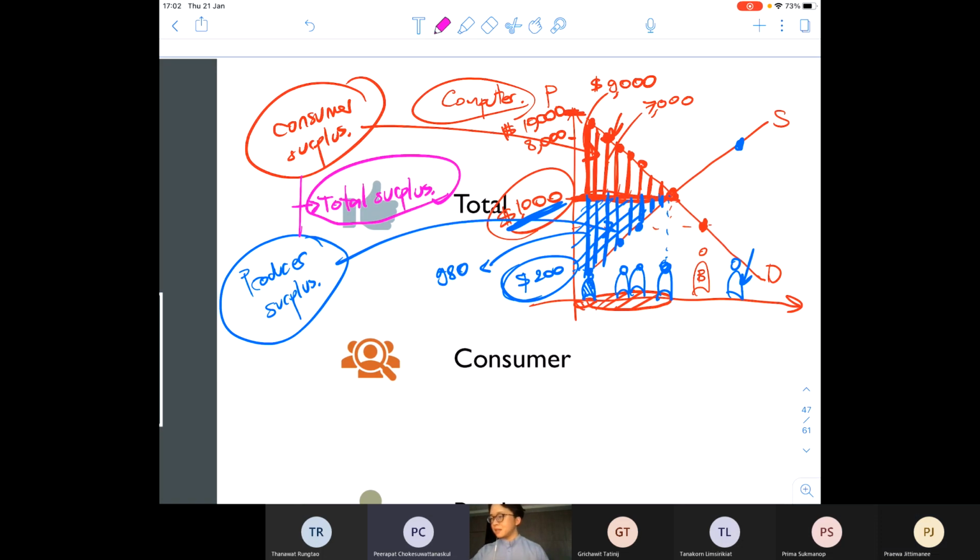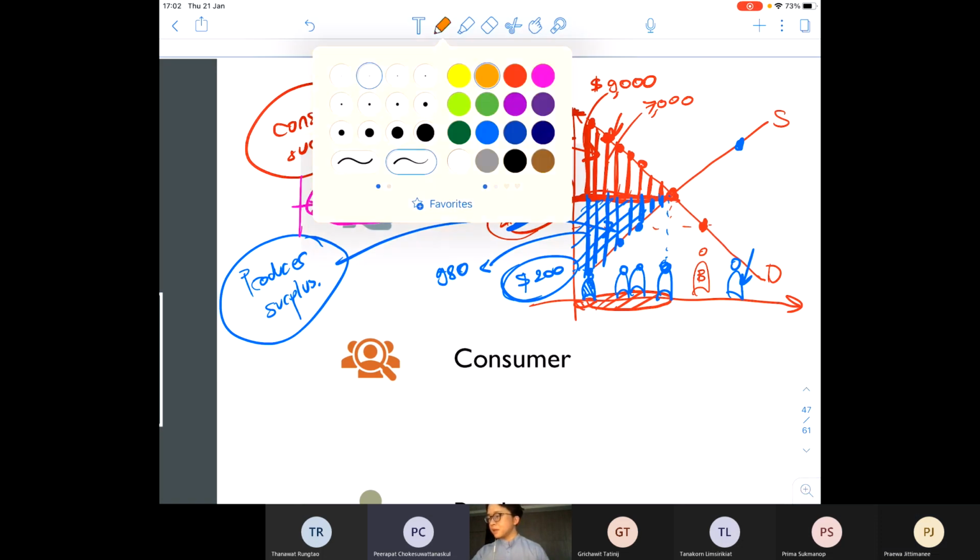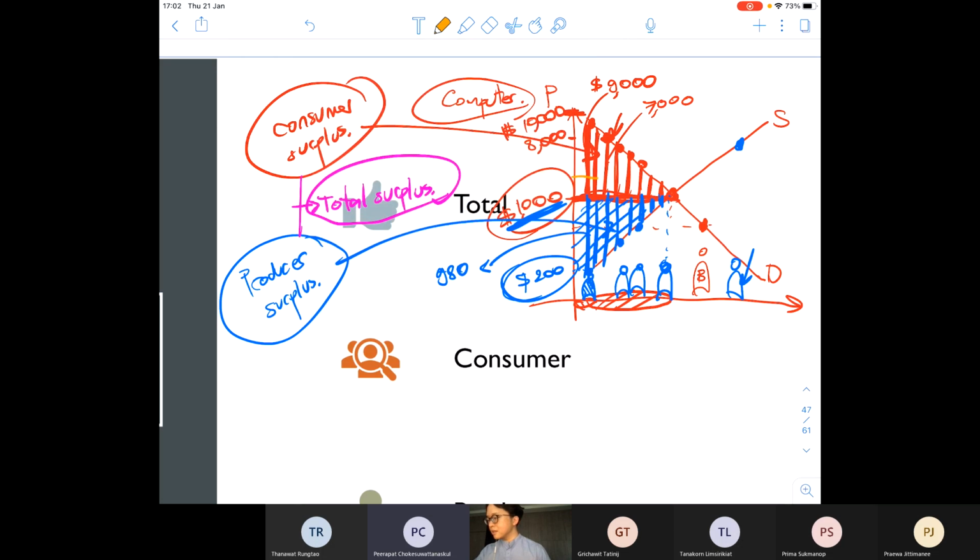Okay, let me try to suppose that you increase the price, right? Say that you increase the price. It could be because of demand, but what it means is that if you increase the price for some reason, these consumers who are willing to pay this much would enjoy less welfare, right?